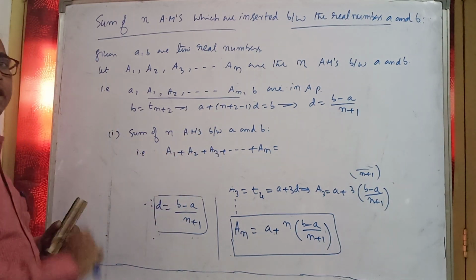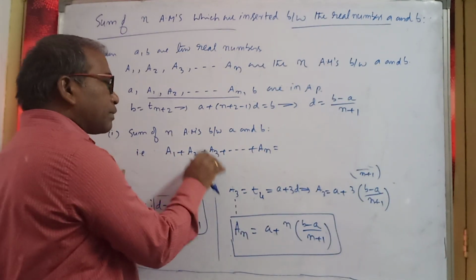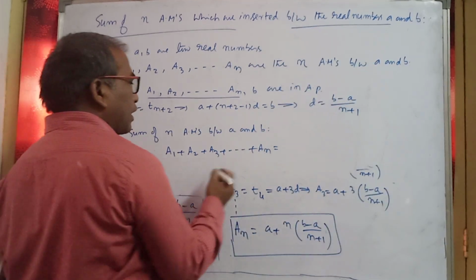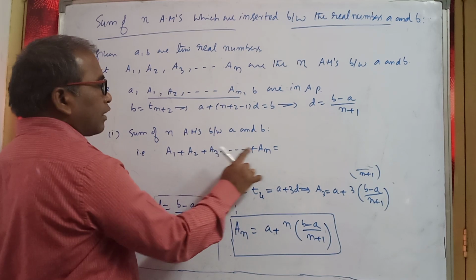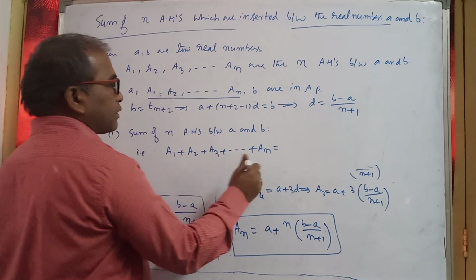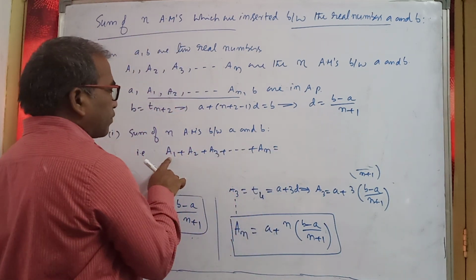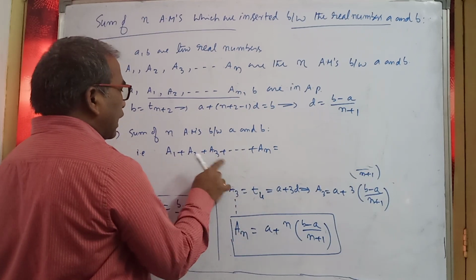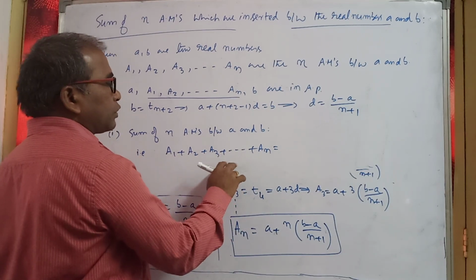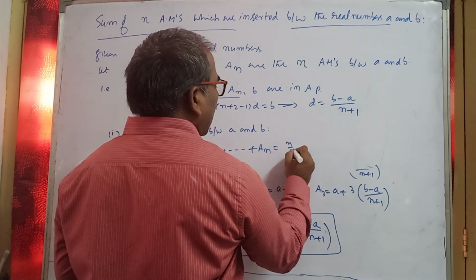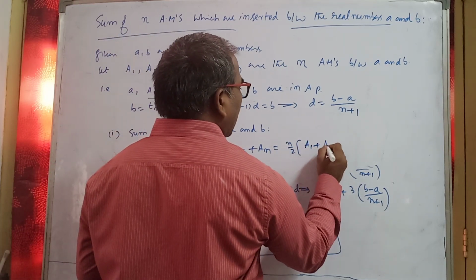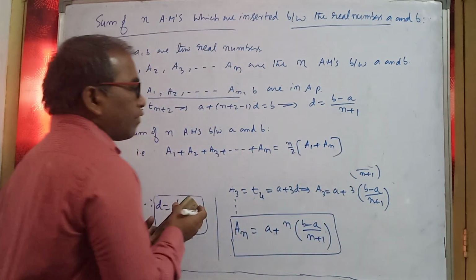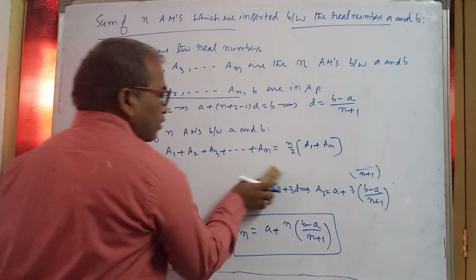That is the twist here. How many terms are here? These are n terms, starting with one. This is the first term, this is the second term. They are also in AP. So the sum is n by 2 into (first term plus last term), a1 plus an.